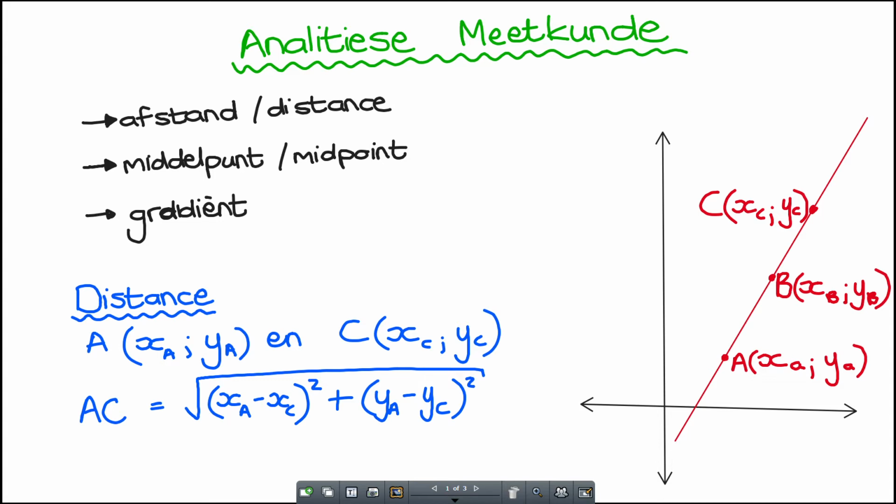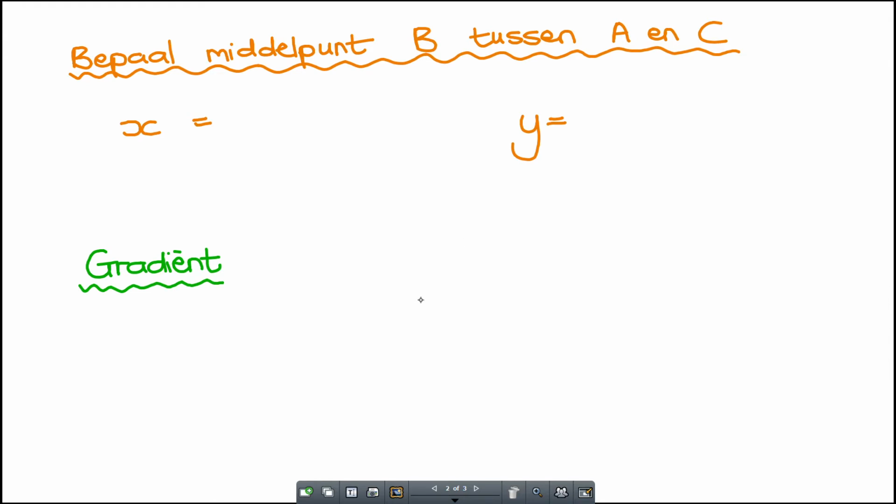Nee man. Okay, right. Let's say, and I'm using that same sketch met A, B and C. Determine the midpoint B between A and C. So ek sê vir jou B is die middelpunt tussen A en C. Okay, now, you could have done it all in once, like do it in one big bracket, nee? But when I want midpoint, I want the x value of the midpoint and the y value, want jy soek om ons coördinaatvorm, nee?